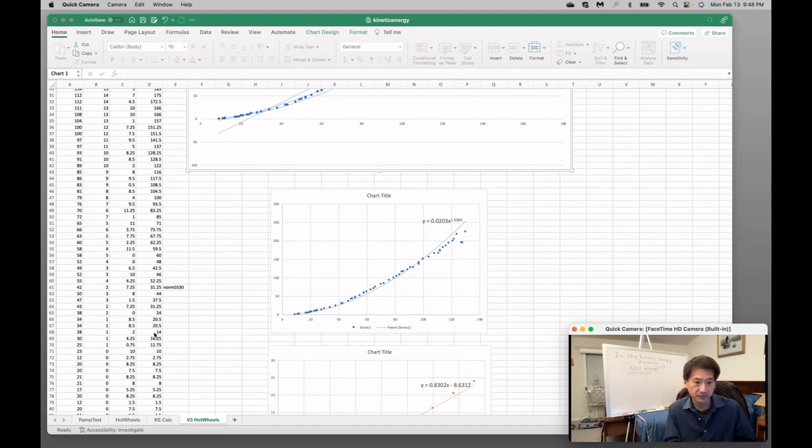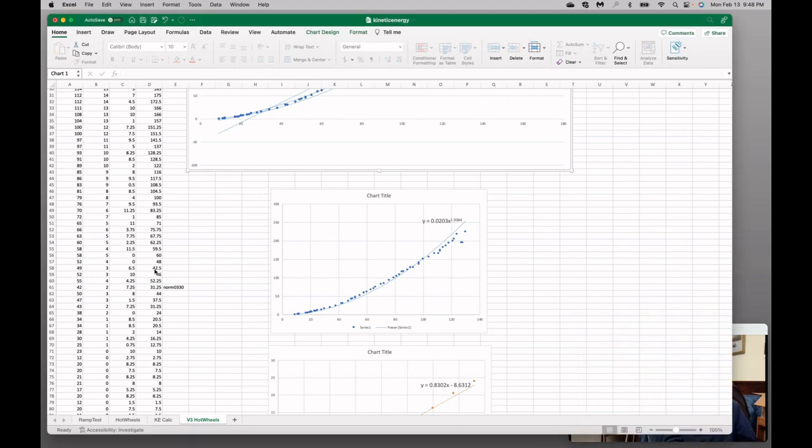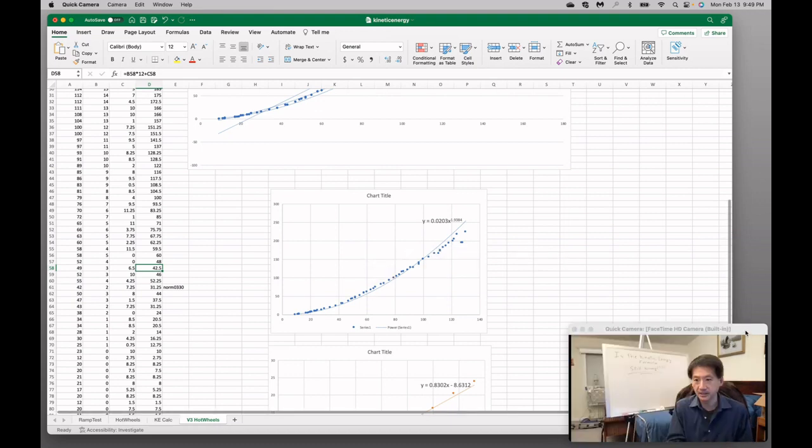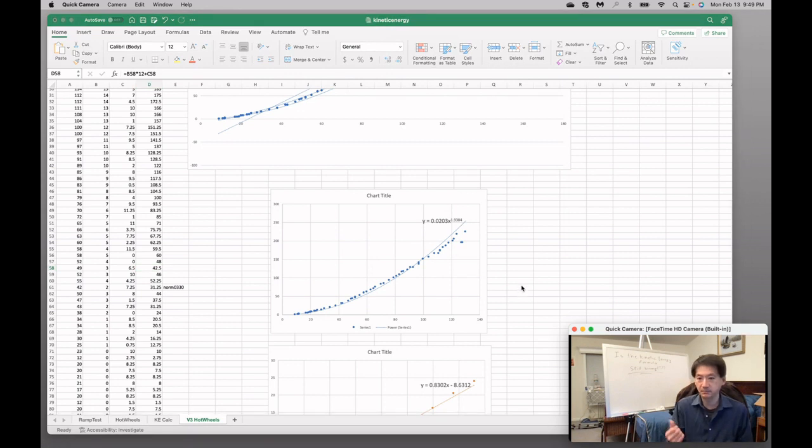So at 50 it should be 51, and we've got 49 here. So it's fallen short, is what it's doing. So it's not quite x squared, which is what this is showing, that x squared is generally overshooting what is actually measured. So once again, I'm not exactly sure what to make of that.